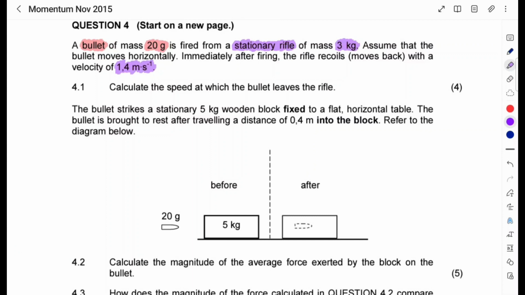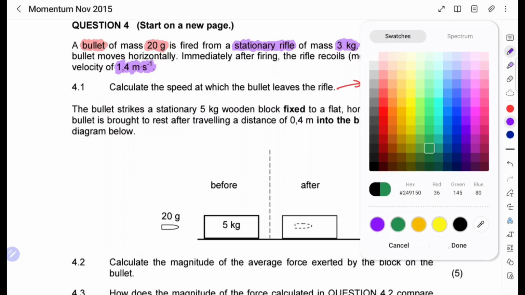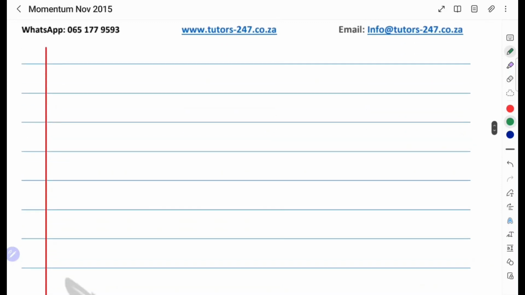Now, we need to calculate the speed of the bullet after it leaves the rifle. So we need to find the final velocity of this bullet. Keep in mind we are referring to the bullet as object A. Now, let's start. Before we start, let us assume a positive direction.